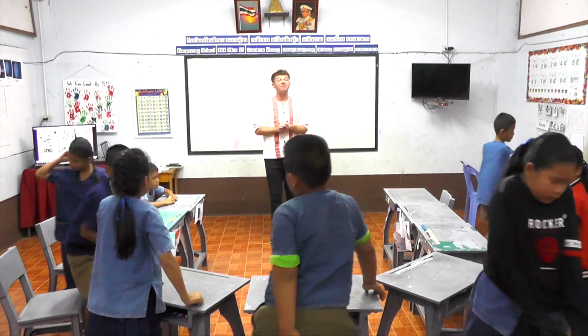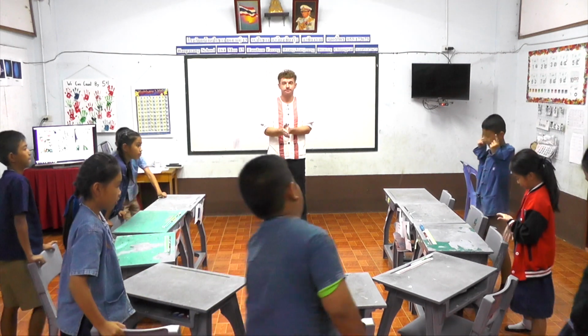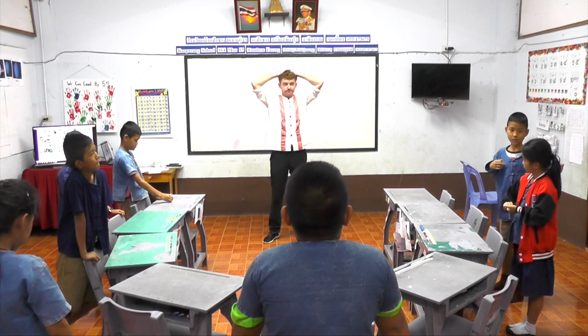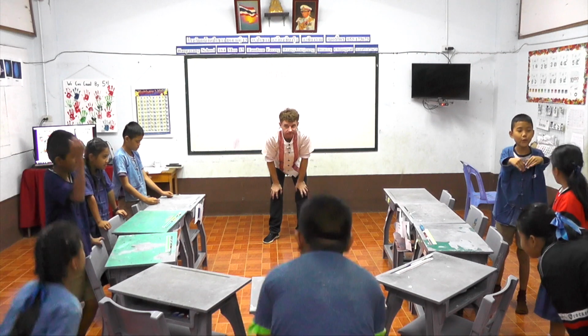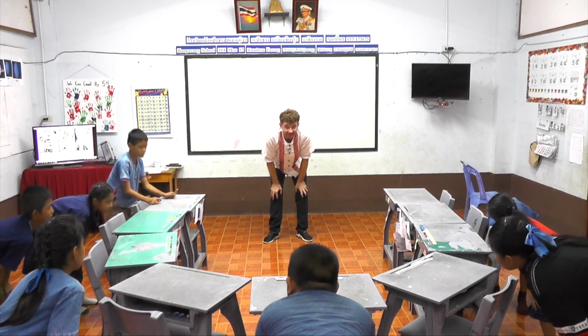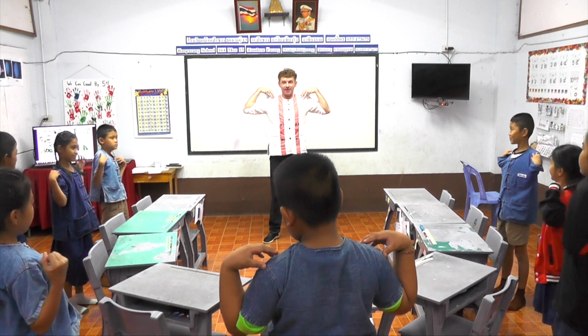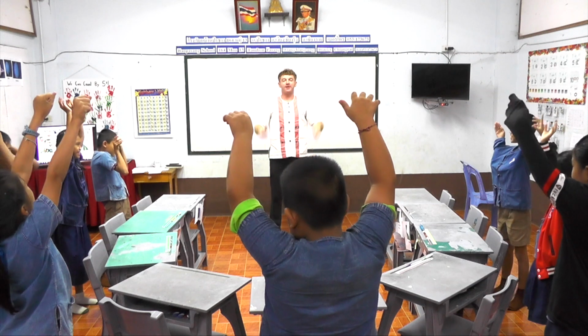And for this, we'll have a game of Teacher Says. So listen carefully. Hands on head. Teacher says, touch your knees. Teacher says, touch your shoulders. Teacher says, arms in the air. Arms down.